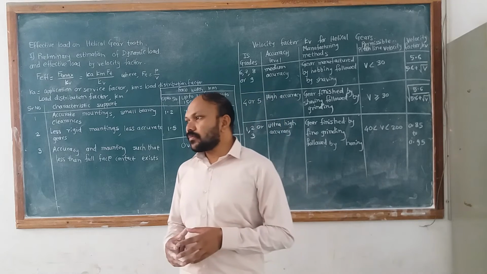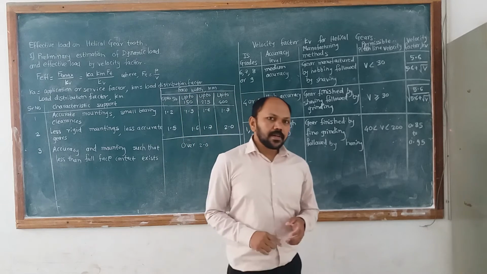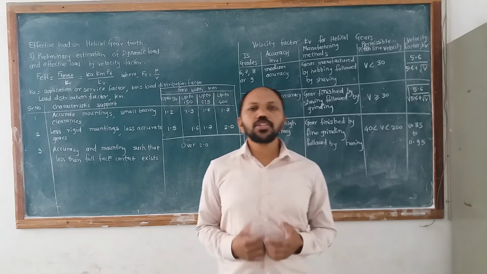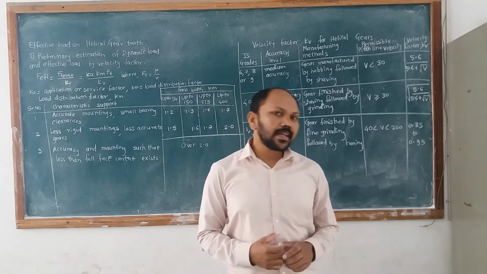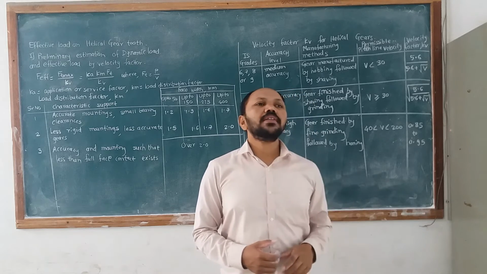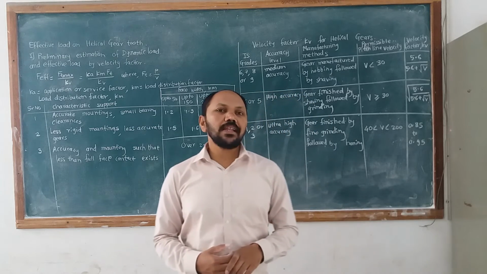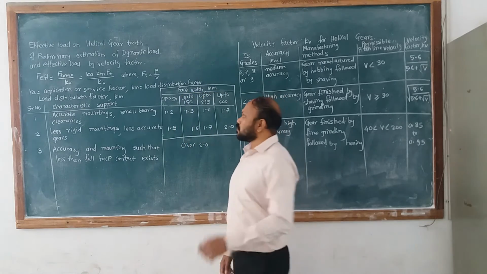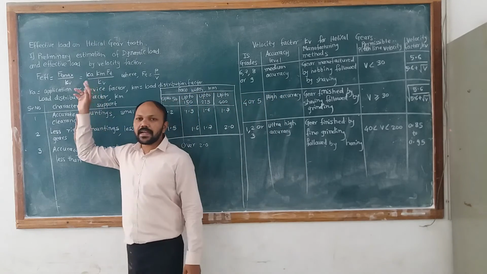So for that purpose we find out the values, and if our machine works 12 hours per day, then we see the table column related to 12 hours per day and we select the Ka value. In this way we find out the Ka.